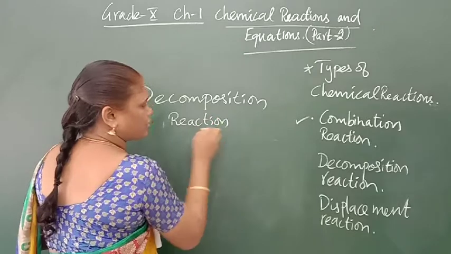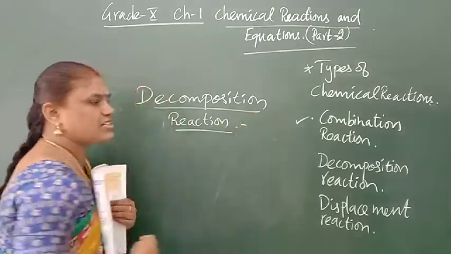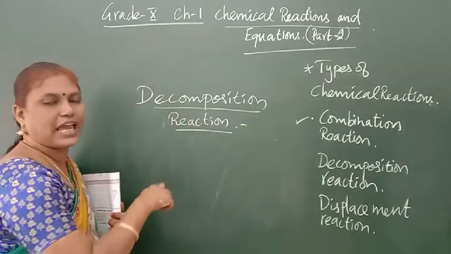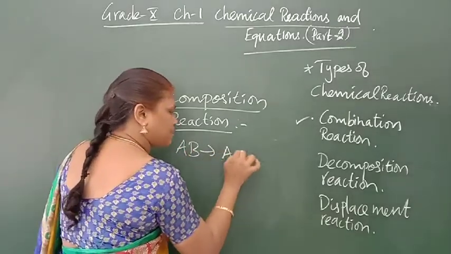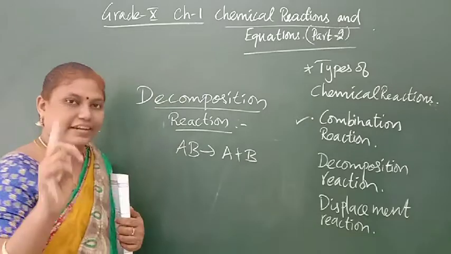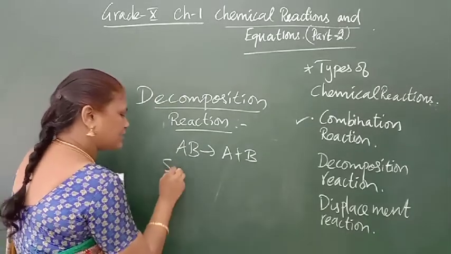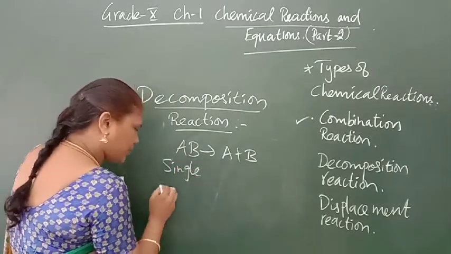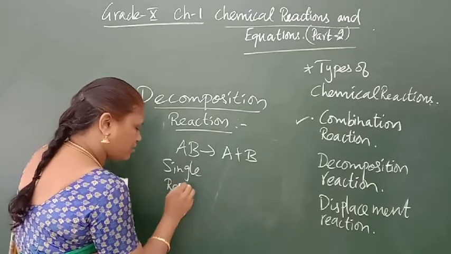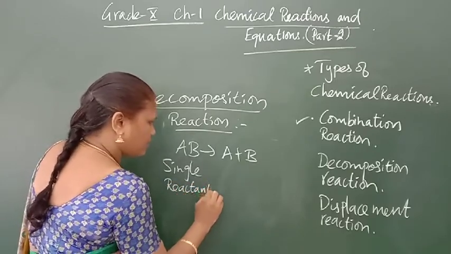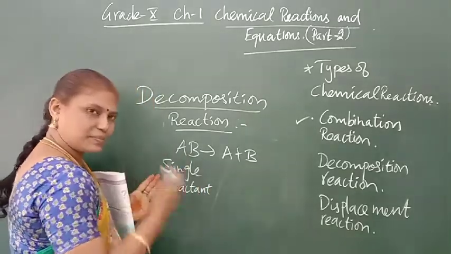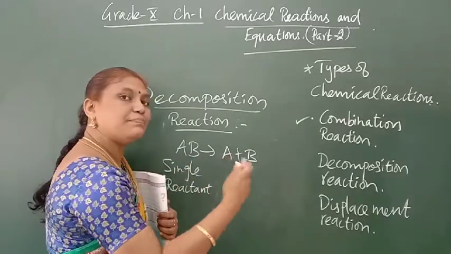What is a decomposition reaction? It is the reverse of a combination reaction. There we have seen A plus B gives AB. Here AB gives A plus B. What does it mean? A single reactant decomposes, or splits, into two or more simple products.